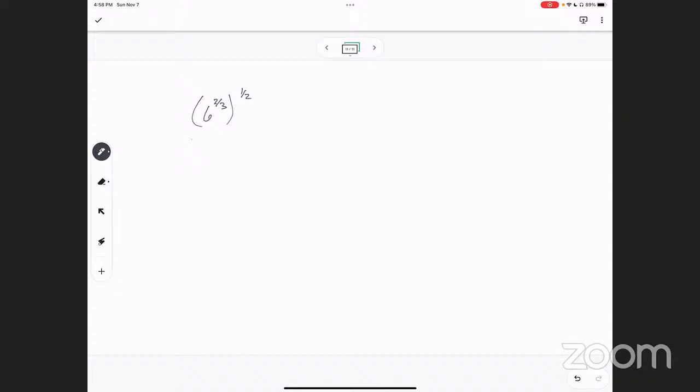You multiply them. Make sure you have those rules written down somewhere, because your math is good, but if you don't know the formulas, you're going to be in trouble.